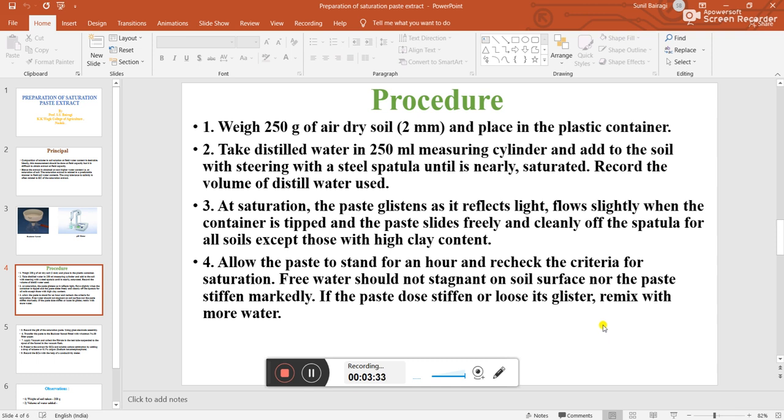Allow the paste to stand for an hour and recheck the criteria for saturation. Free water should not stagnate on the soil surface nor the paste stiffen markedly. If the paste does stiffen or lose its glisten, remake with more water.